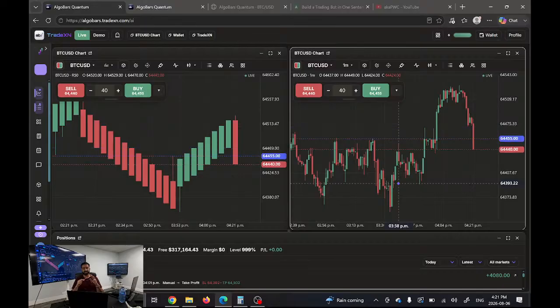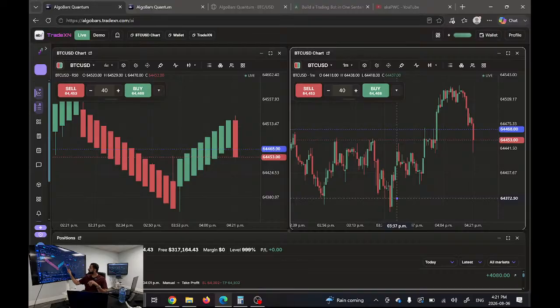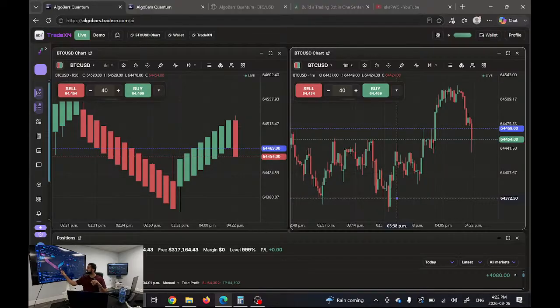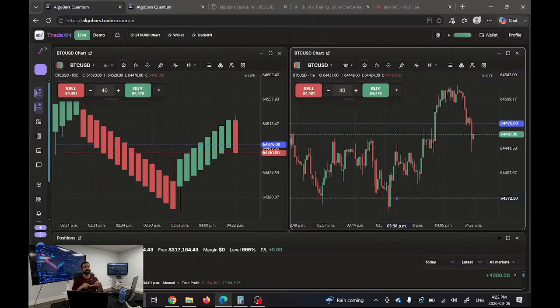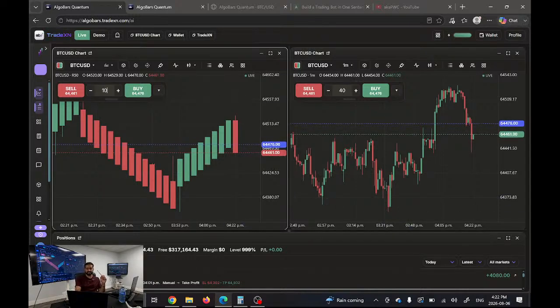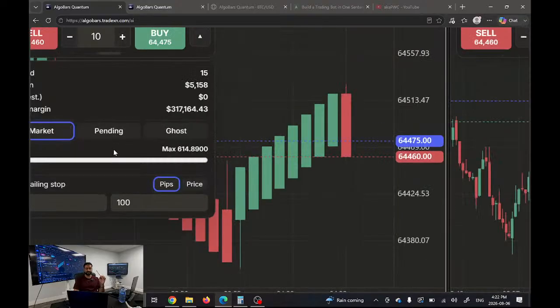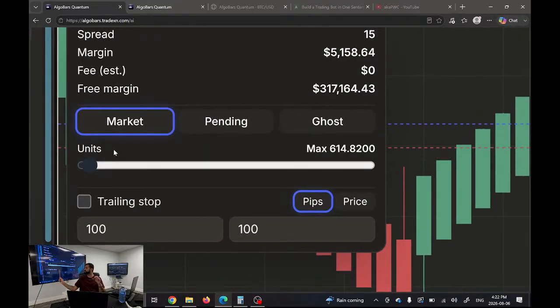Step 3 is we always set our stop loss and take profit at 100 points, at 100 pips. You can see right here, we're getting this pullback. If I can get the entry for this buy at this price or better, then I will go in on that buy trade. So I'll set my lot size to 10, and right here on AlgoBars, you can preset your stop loss and take profit to 100 points and 100 points.